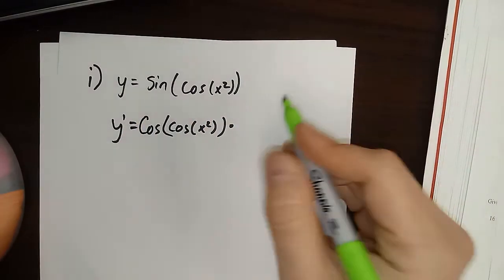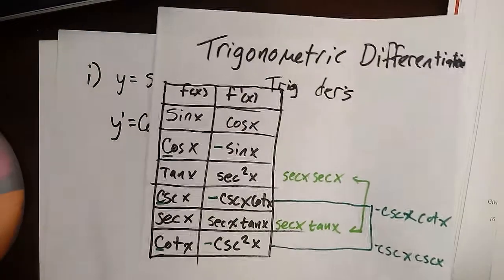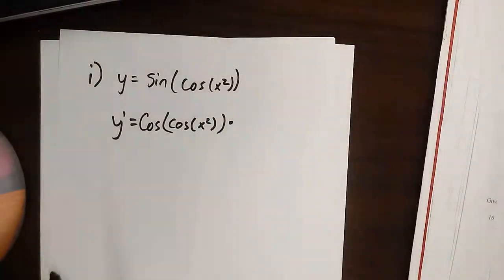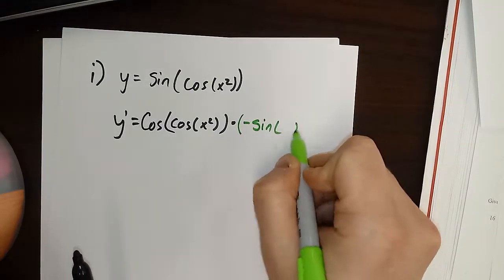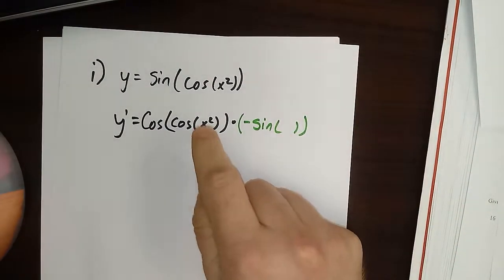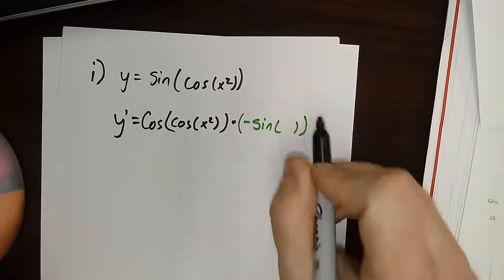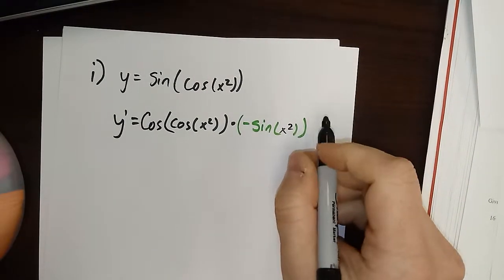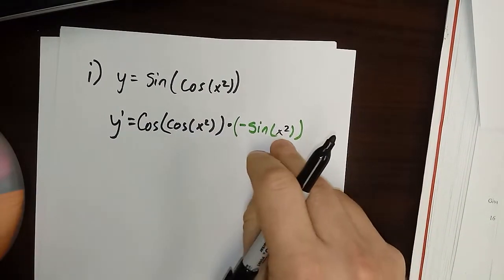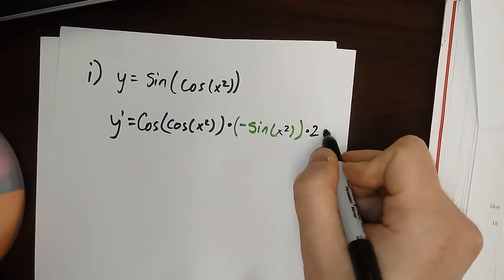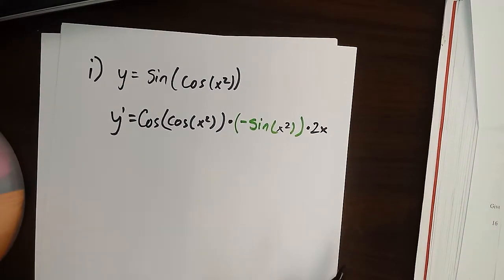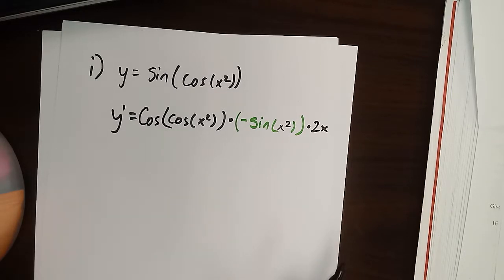So the derivative of that, if you remember from our chart earlier, is negative sine. So I can say negative sine, and what do I do to the inside there? Leave it the heck alone. Oh, but I had an inside, and so now I have to multiply this by the derivative of the inside and get 2x. And you may think that looks terrible.